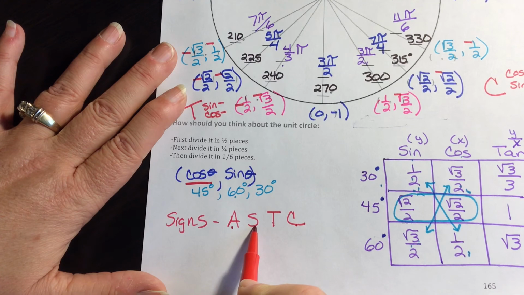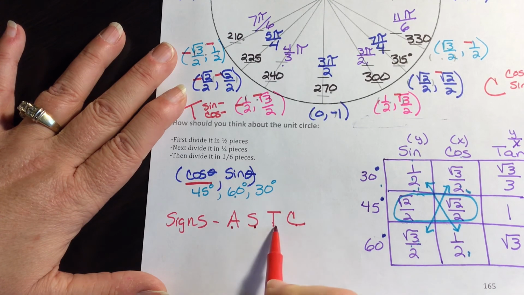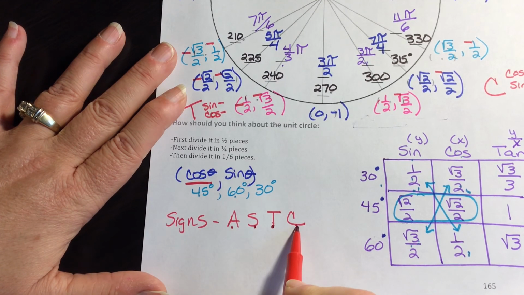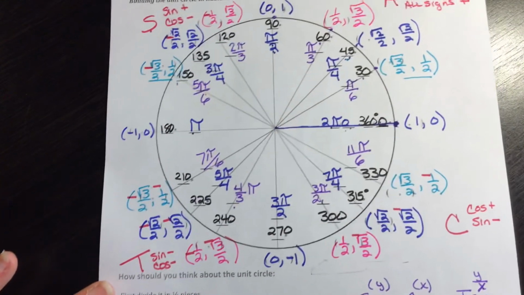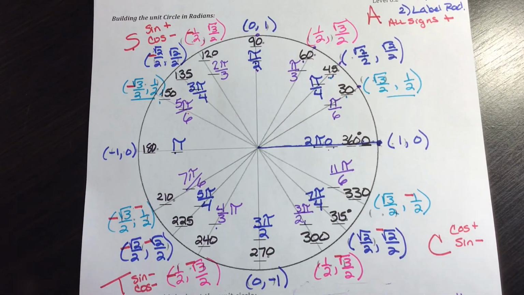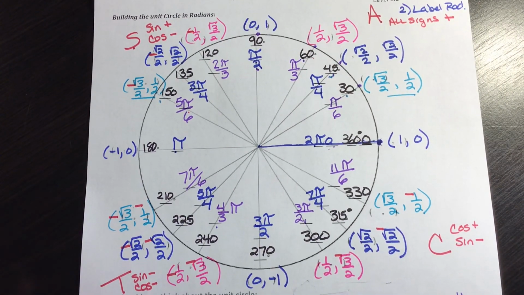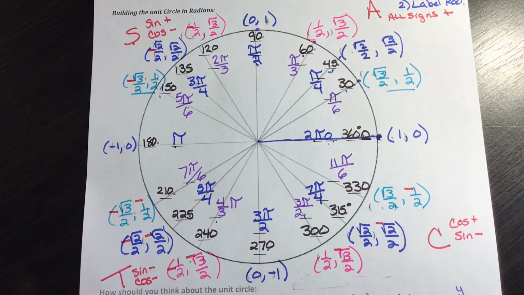Only sine is positive. Tangent is positive. Everything else is negative, so sine and cosine are negative. And cosine is positive in the fourth quadrant and not sine. All right, so this is it. This is a good representation of our unit circle.